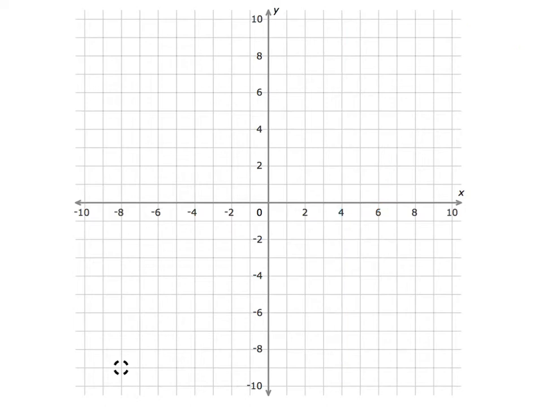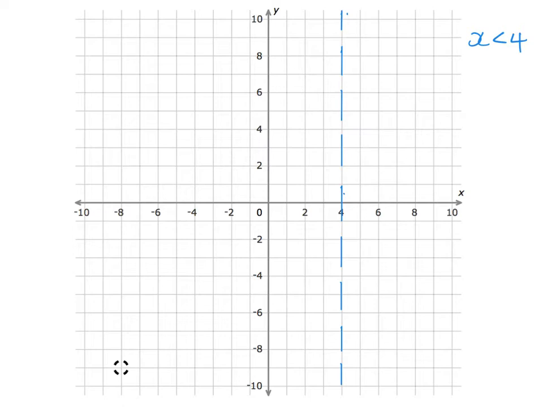So now let us try the question x is less than 4. Since it is less than, we're going to have the line x equals 4, but instead of a solid line, we are going to have a broken line to represent that it is less than. If it was less than or equal to, we'd have a solid line. So since it is less than, we have a broken line.